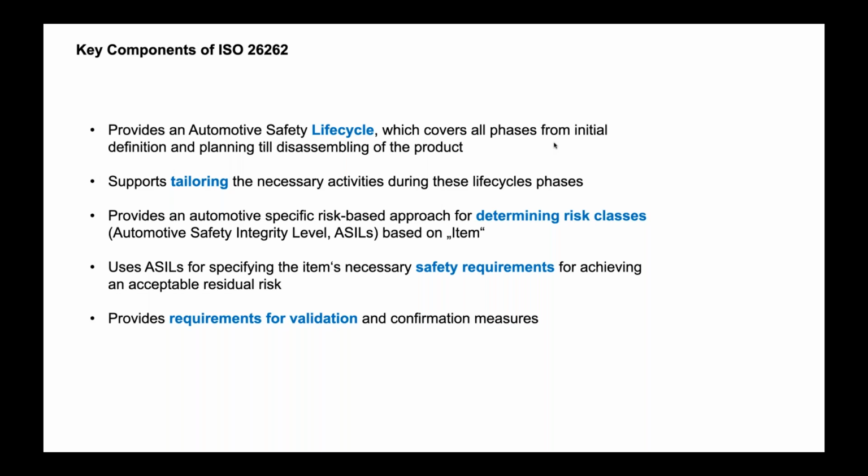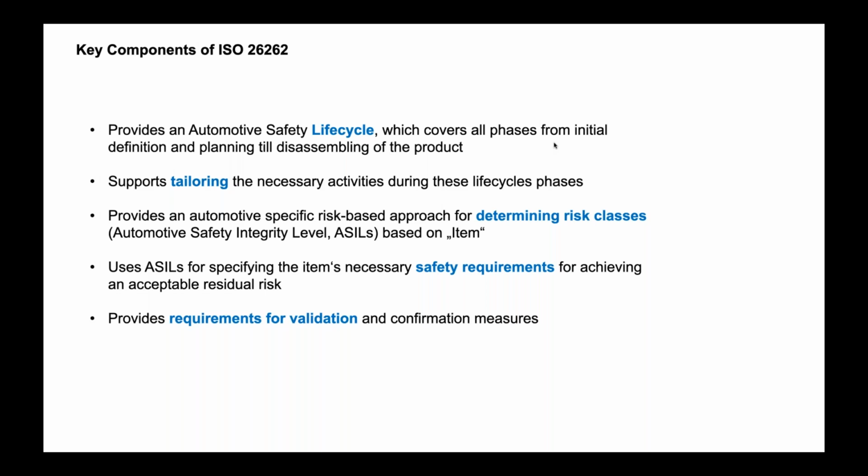We use ASILs for specifying the items' necessary safety requirements for achieving an acceptable residual risk. So basically we calculate ASIL, then we decide that we need a safety requirement, and then we implement some task which will reduce risk, and the risk will become acceptable.